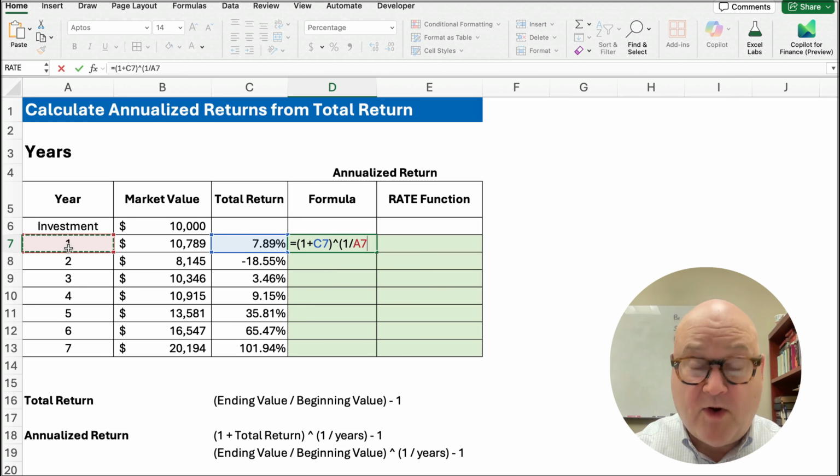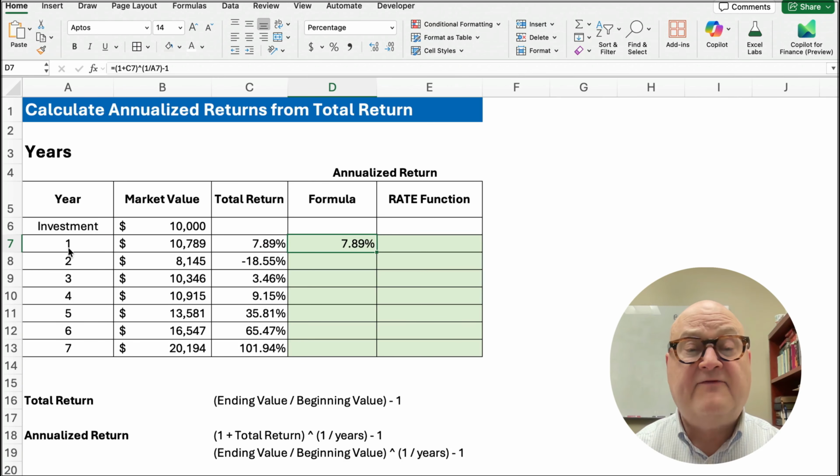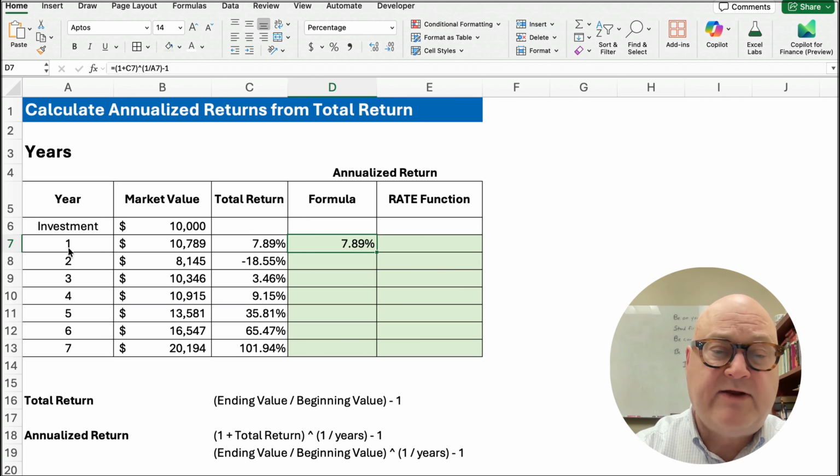Well, this is going to be 1, so it's not going to be very exciting for the first year, minus the 1. And so what we have is, after 1 year, you've earned 7.89%, or an annualized return of 7.89. 1 year is going to equal 1 year total return and the annualized return.